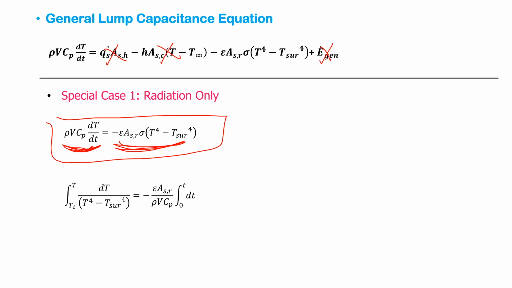So you rearrange this integration a little bit. You collect the temperature terms on one side and the time term on the other side, and all of these other variables are constant, so they can be taken out of the integral. And then now what?